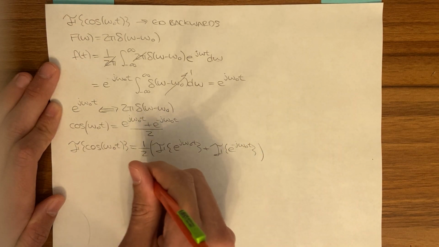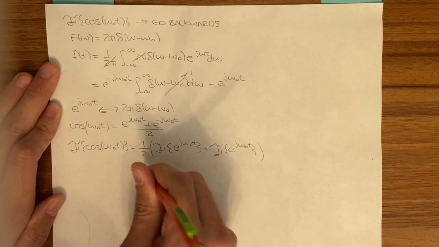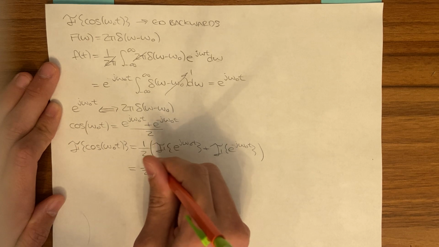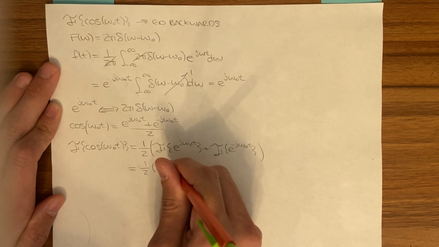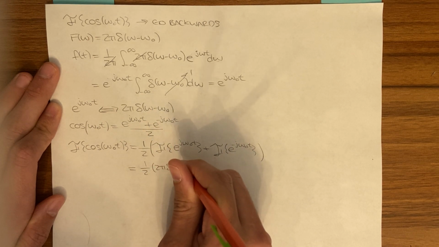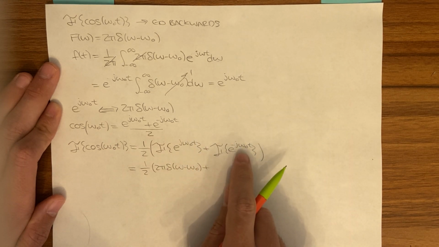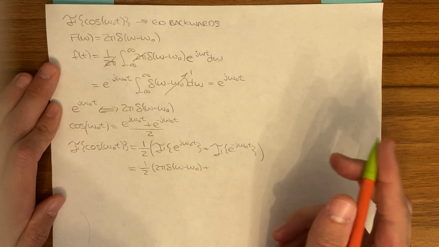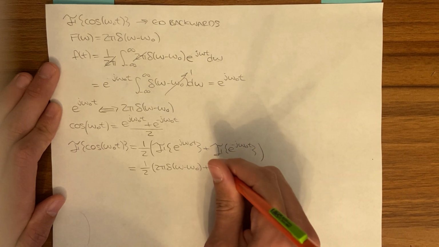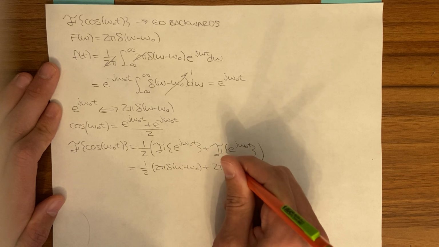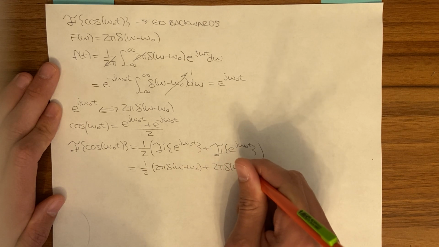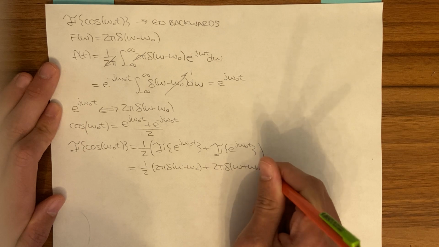Okay. So the first one, we know that Fourier transform, we just showed it. And for this one you can just say omega naught is just negative omega naught, and so this turns into 2 pi delta(omega plus omega naught).